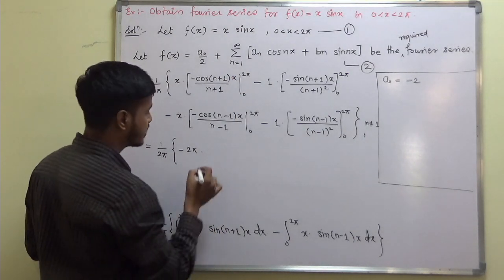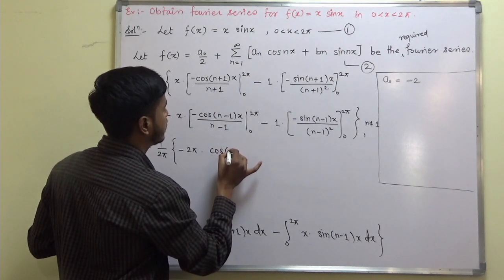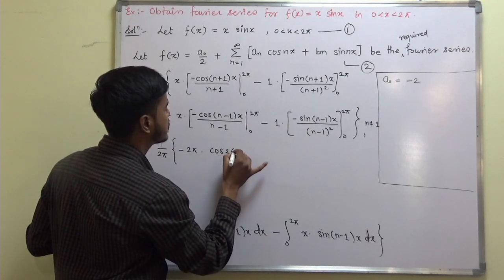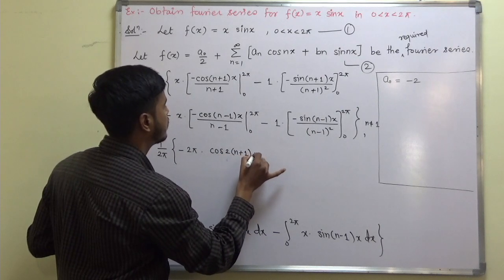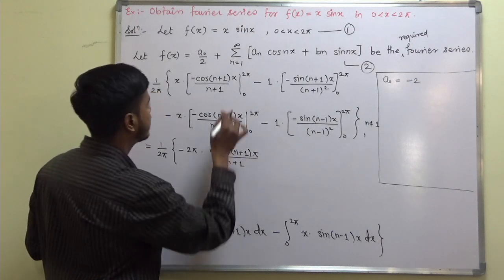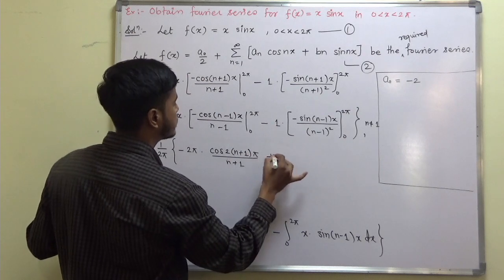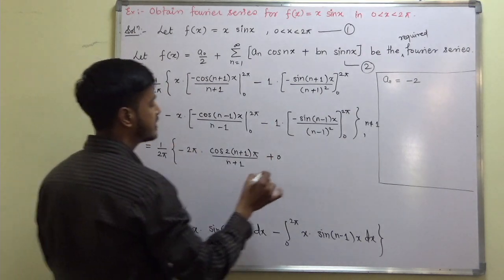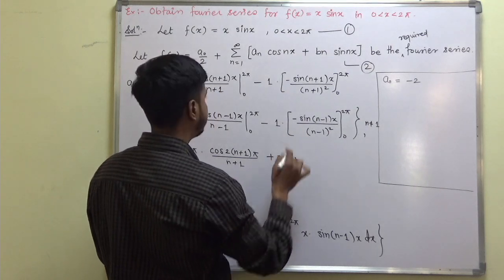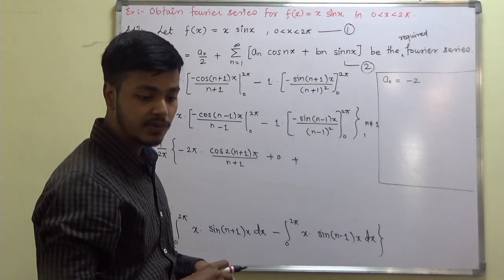Okay, so with x equal to 2 pi, I am writing cos 2(n plus 1) of pi upon n plus 1, then minus lower limit is 0. So this is just this, minus, plus upper limit sine 2(n plus 1) pi is 0.